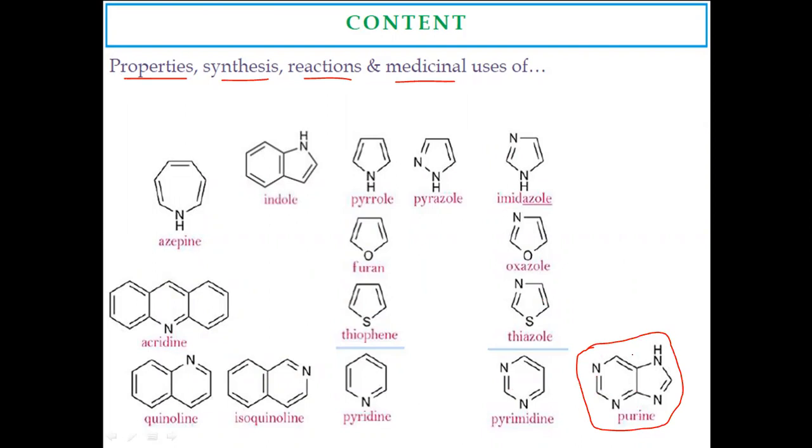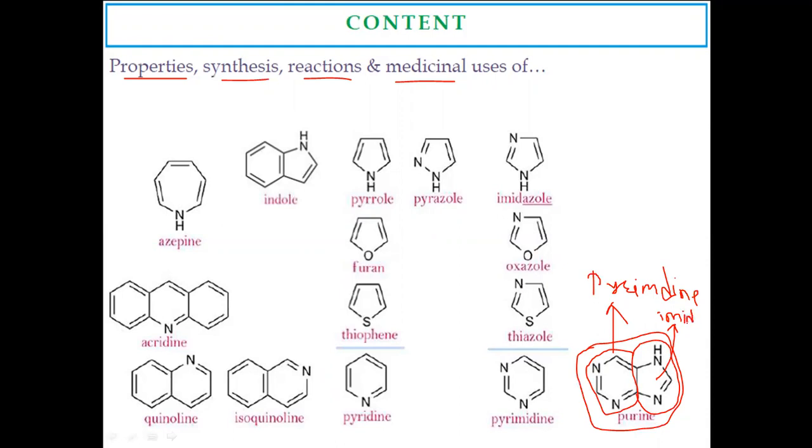In purine, one ring is a six-member ring fused with a five-member ring. The six-member ring is pyrimidine. This moiety is pyrimidine, 1,3-diazine, and the five-member moiety is imidazole.